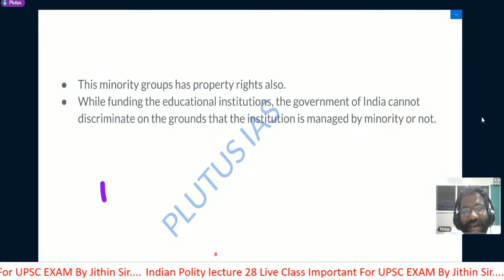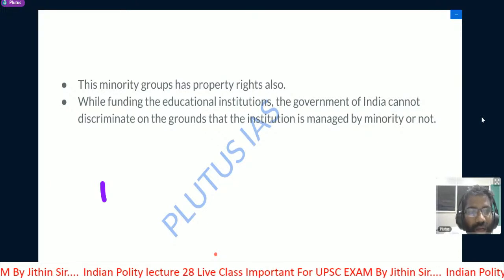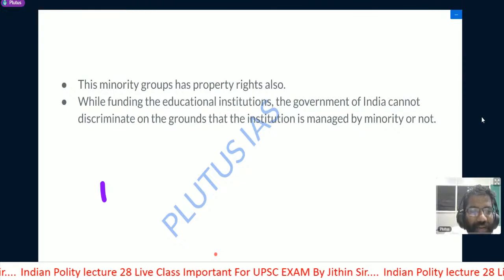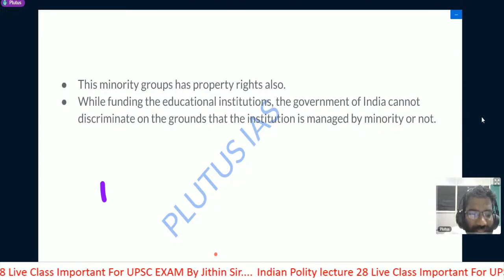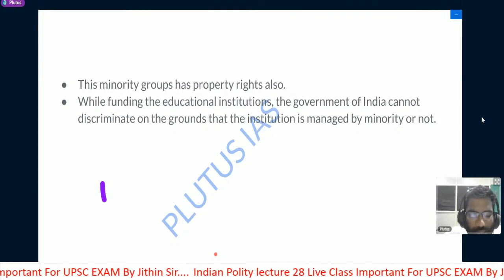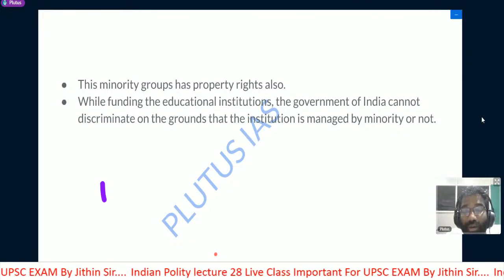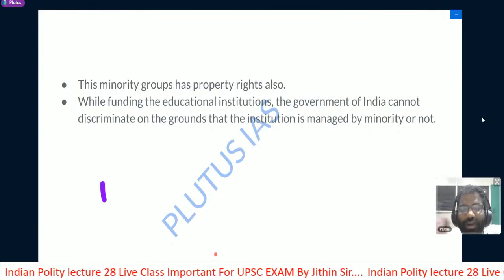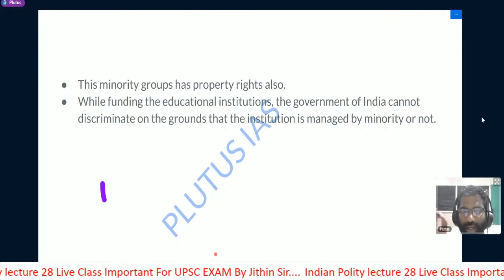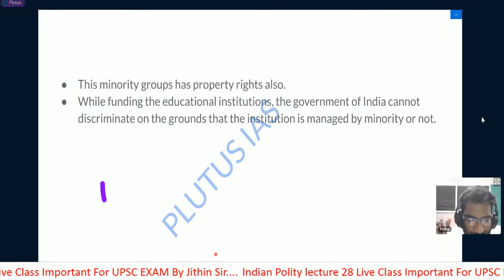It means you have all the rights, but if a student of any other community comes to you and asks for admission, you are not allowed to say that we will not give admission to these people because he or she belongs to another community. You definitely have to give.